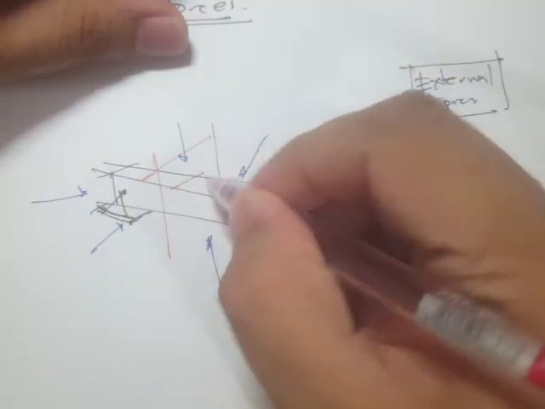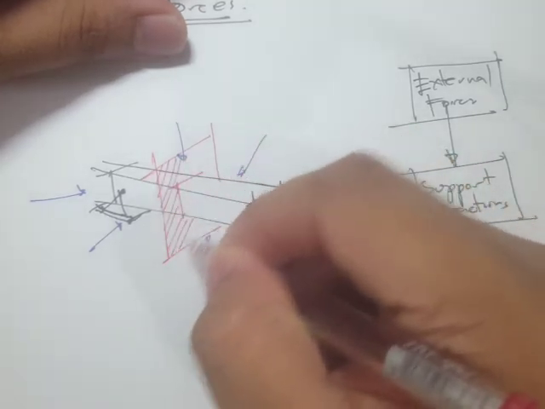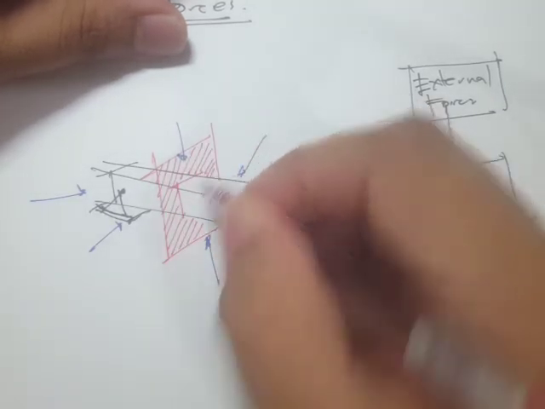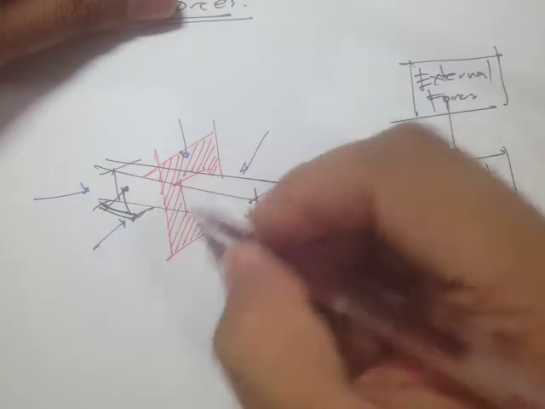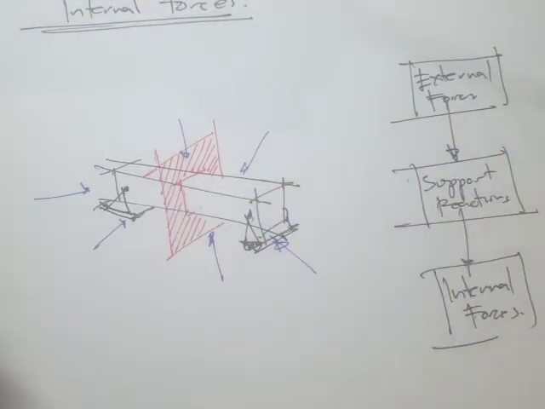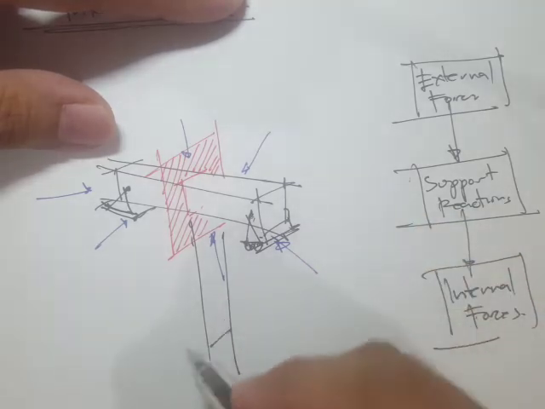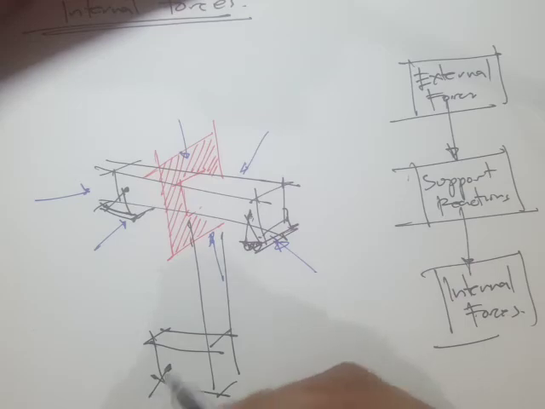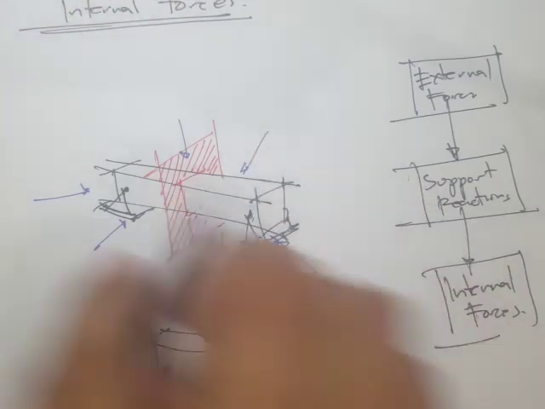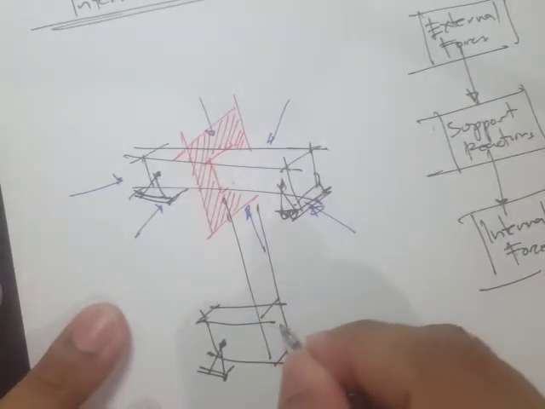What we usually do in engineering is cut a section, something like a samurai cut along this section. Let's say this is our support. In this section, there are actually internal forces acting.